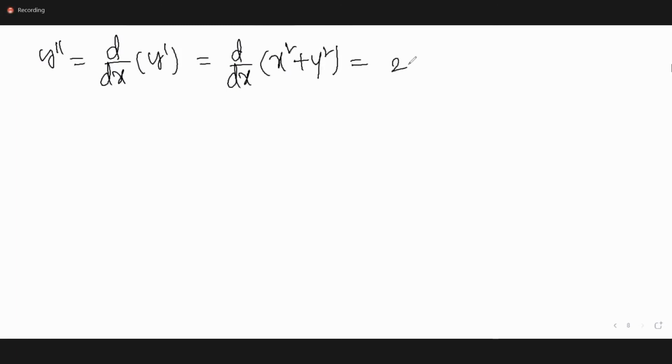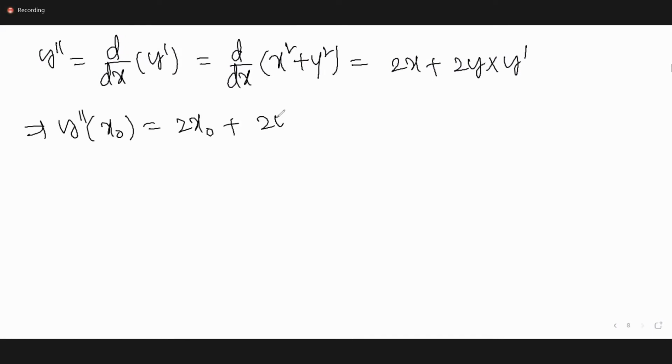Next, second derivative, y double dash is equal to d by dx of y dash. So d by dx of x square plus y square, so 2x plus 2y into y dash. So y double dash at x naught is equal to 2x naught plus 2y of x naught into y dash of x naught.